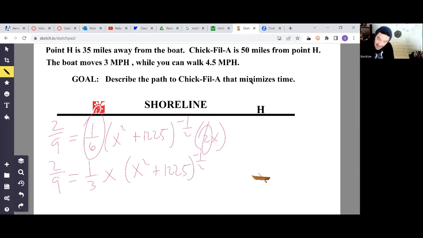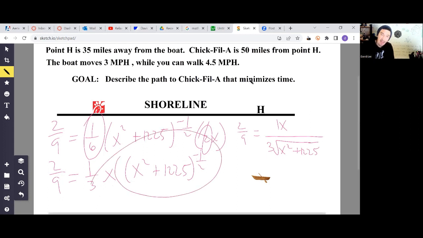So let's go up here. So we have 2/9 equals 1x over 3, and I'll make it a square root. So when you move that to the bottom, the negative becomes positive. And then instead of a power 1/2, we just wrote a square root because it's the same thing.